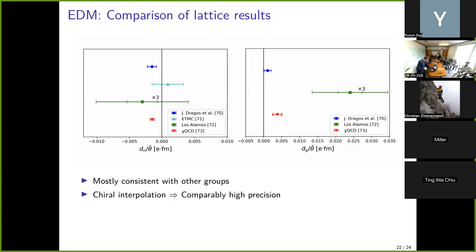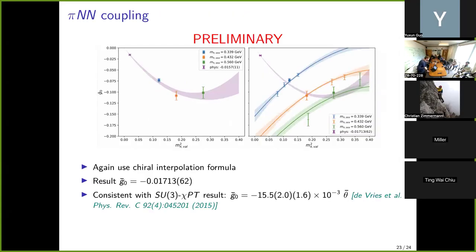Okay. This is the last slide I have. We can carry out the same analysis for the anomalous pi and n coupling. Of course, it's a bit simpler because we don't have this complex structure in terms of form factors here. But we can basically apply the same interpolation ansatz and similarly different quark masses.